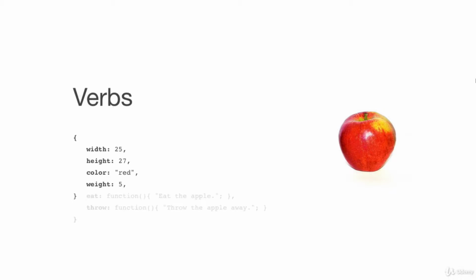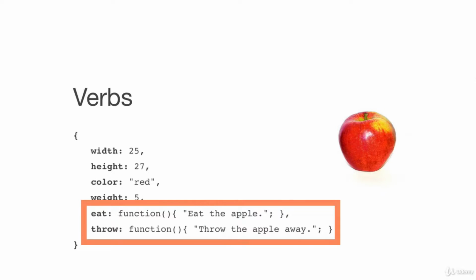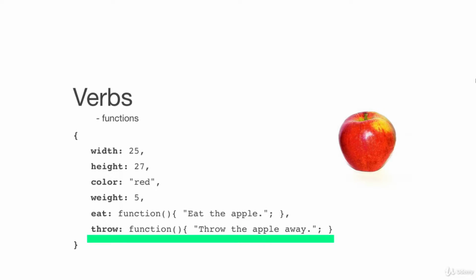Next, you have verbs. Verbs are performing an action, which is a function. That's exactly what a function is. So you have nouns, which is descriptive, and verbs, which are functions. And functions, like verbs, for example, could be eating the apple. That's a verb. Also, I could throw the apple. That's a physical action.